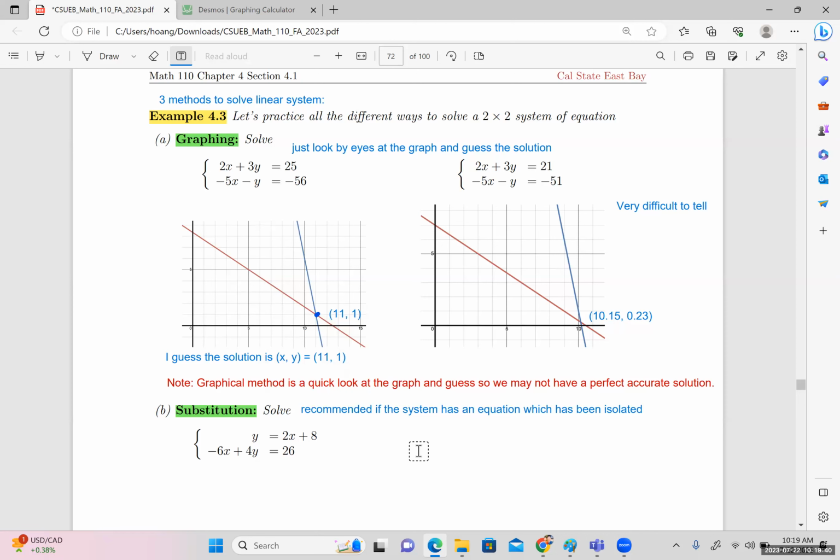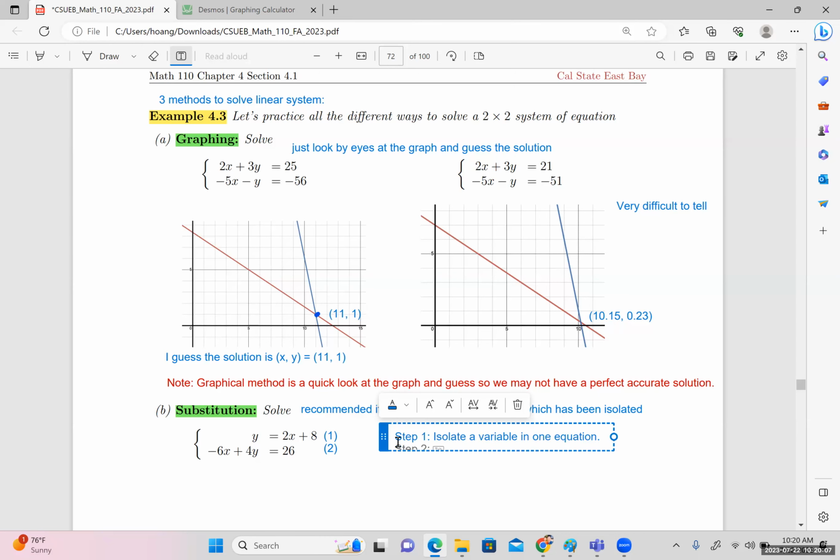So what does that mean? Let's call this equation 1 and this equation 2. And let's say step 1: isolate a variable in one equation.